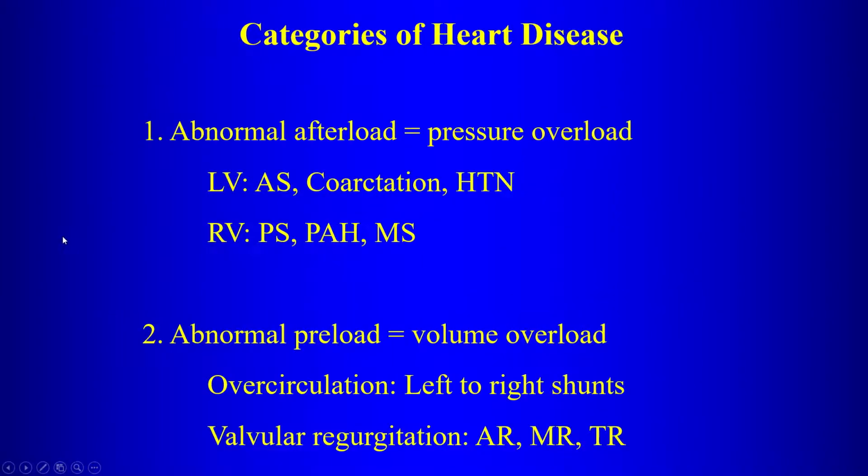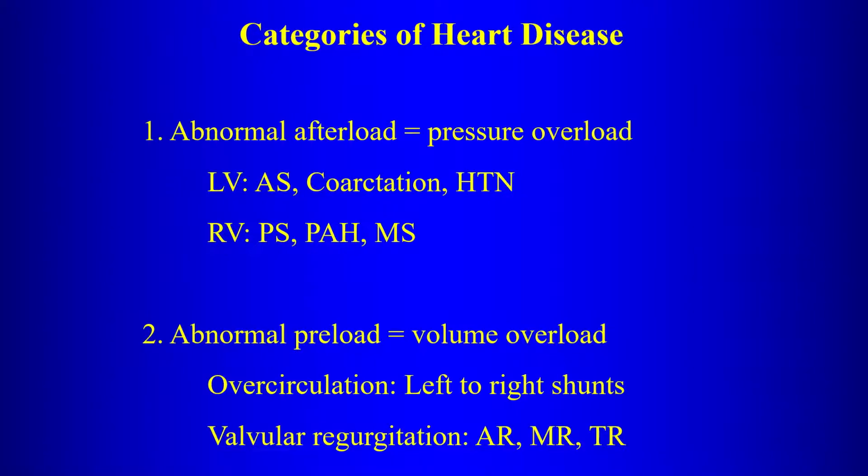Now we can divide categories of heart disease depending on which of these are affected. So abnormal afterload, these are pressure overload lesions. For the left ventricle, this can occur with aortic valve stenosis, with coarctation, with systemic hypertension. For the right ventricle, this can occur with pulmonic stenosis, with pulmonary arterial hypertension, and with mitral stenosis, as the pressures of mitral stenosis result in pulmonary venous hypertension, which then backs up into the pulmonary arterial circulation.